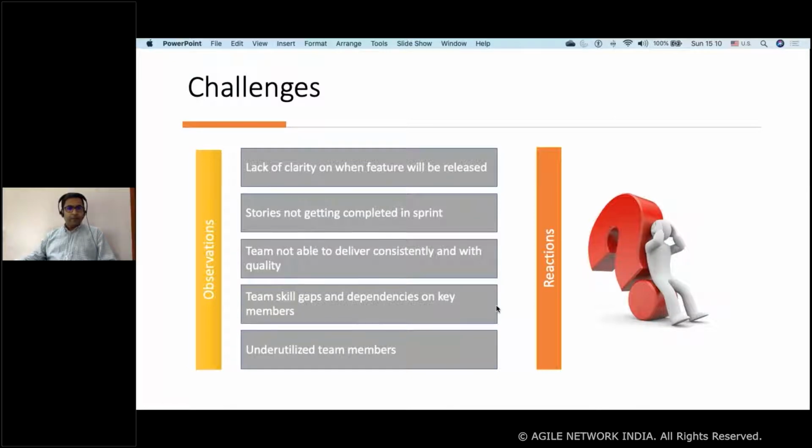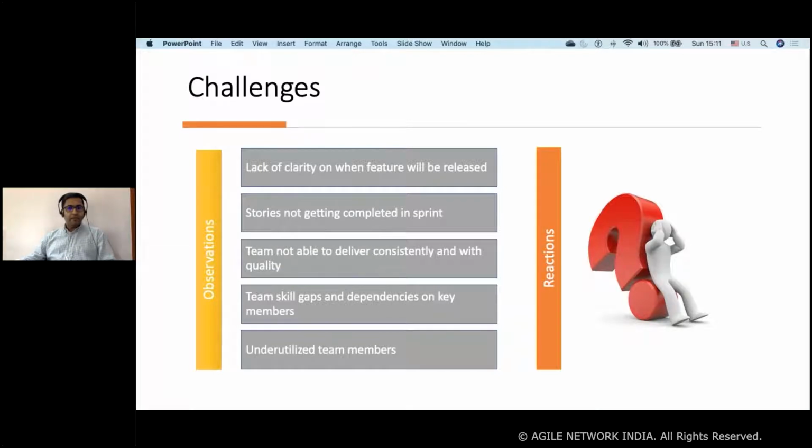The next was team skill gaps and dependencies on key members. This is one of the common issues which we face across organizations during the agile transformation journey, because all team members will not have the same skill sets.